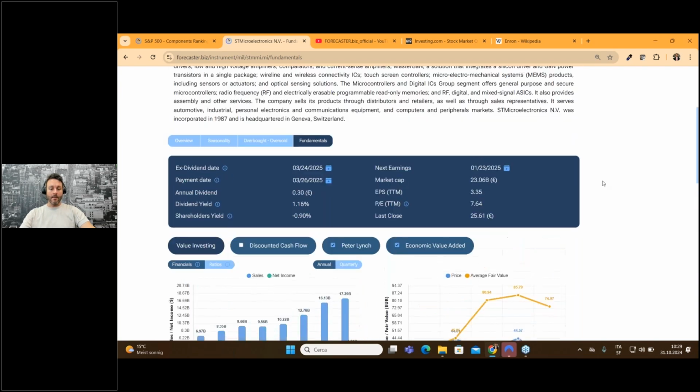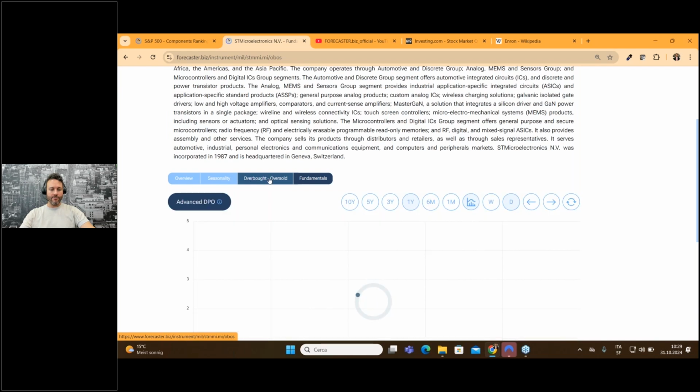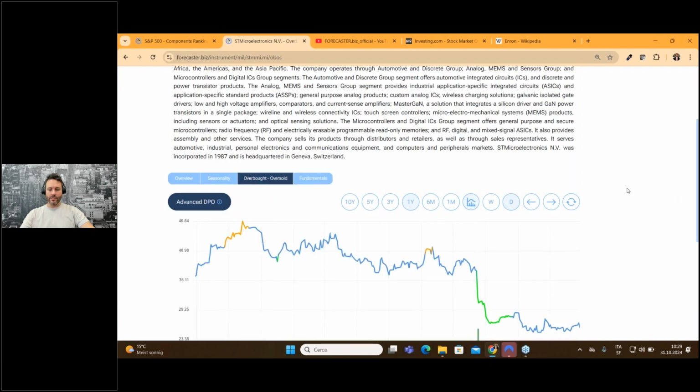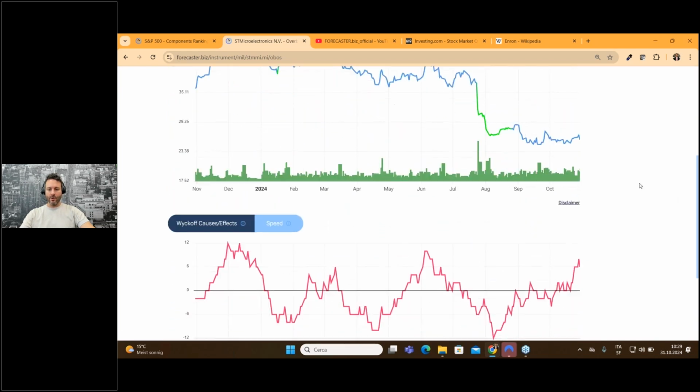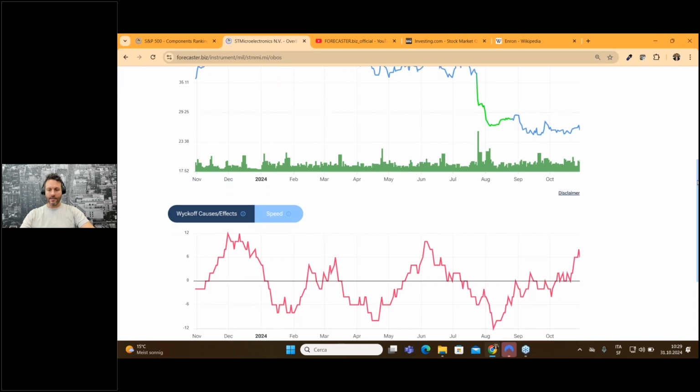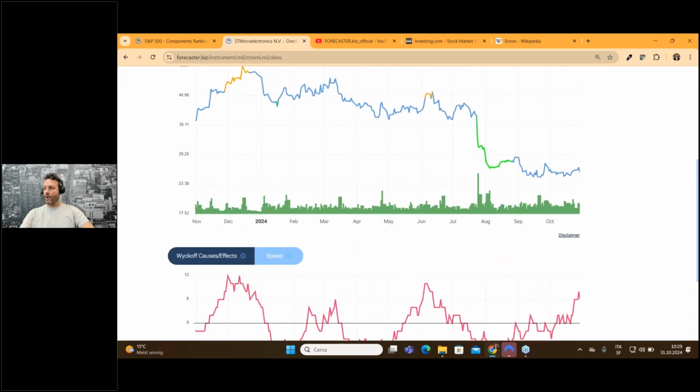Okay, but if we go to the oversold and overbought section, look at this company. We have the perfect situation, technically speaking. So we have a very interesting company, fundamentally speaking.